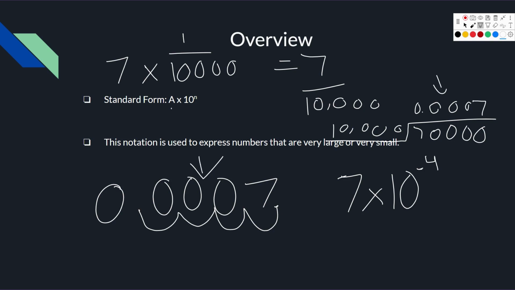Now, using our place values, we can say that this was tenths, this is hundredths, this is thousandths, and this is 10,000ths. So this was 7 10,000ths, and that's exactly the number we have here in fraction form.